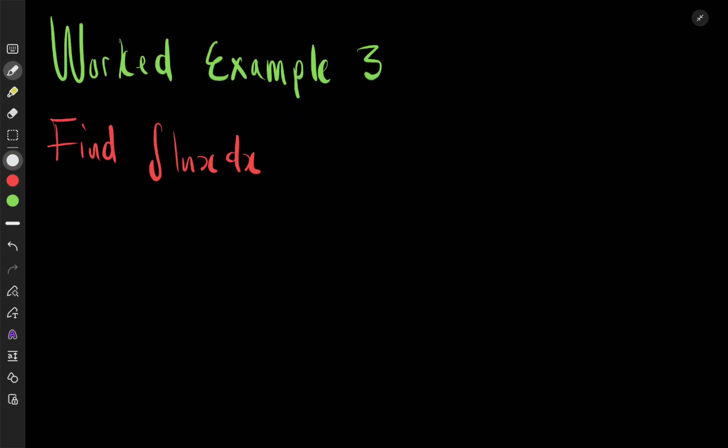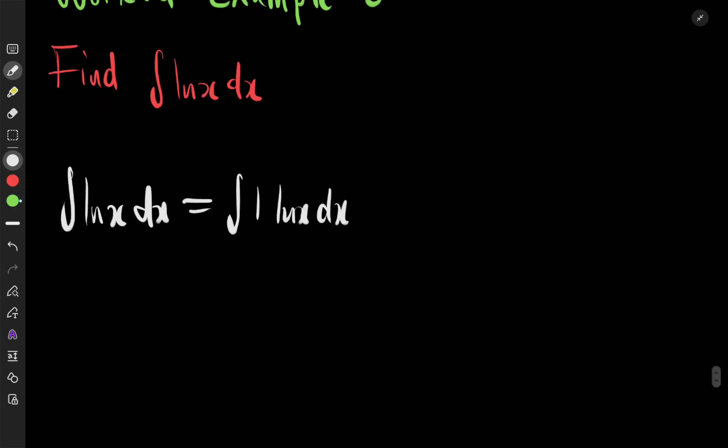So you're going to say now, for the integral of ln x dx, you can say the integral of ln x with respect to x is equal to the integral of 1 times ln x, okay? 1 ln x with respect to x, right?